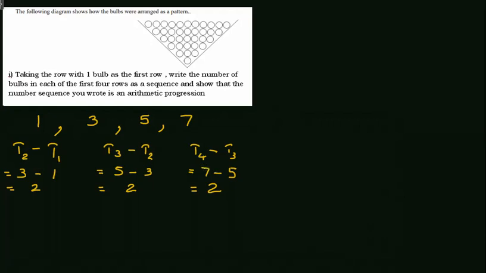All right, so let's present our answer. There are multiple ways to write the answer. One way of writing the answer, let me write at the top here: T2 minus T1 is equal to T3 minus T2 is equal to T4 minus T3.